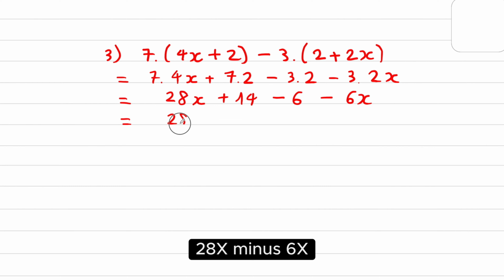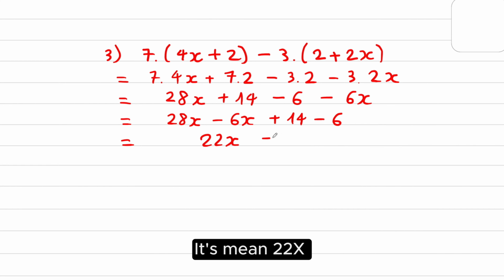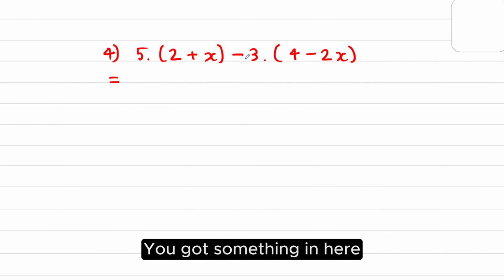Yeah, 28x minus 6x and plus 14 minus 6. So the first term in the result, you got 28 minus 6 means 22x. And for this one, you got 8, 14 minus 6.